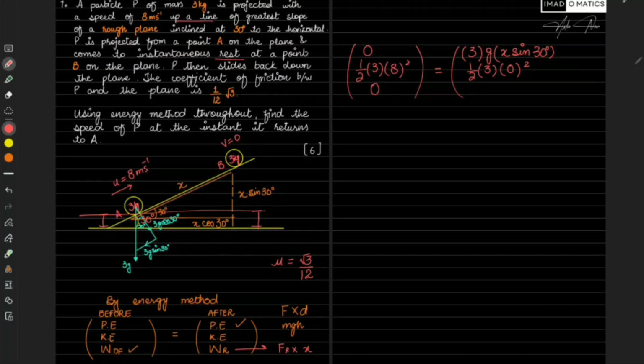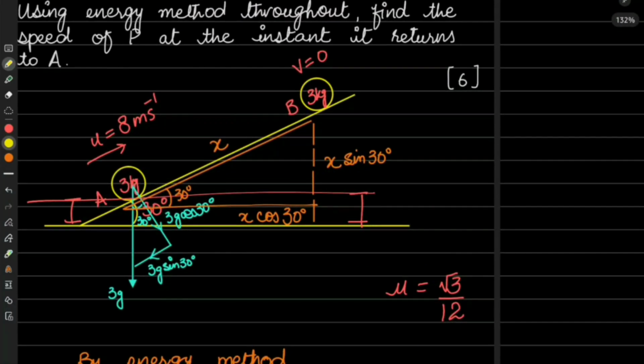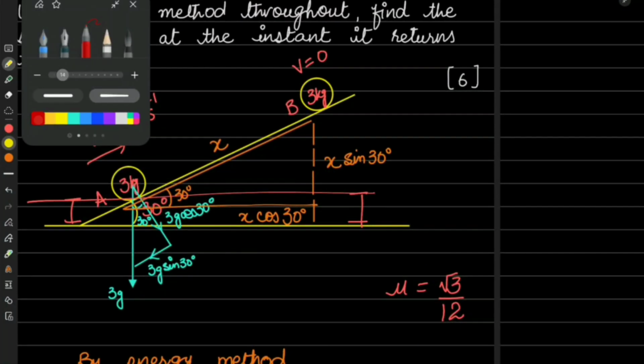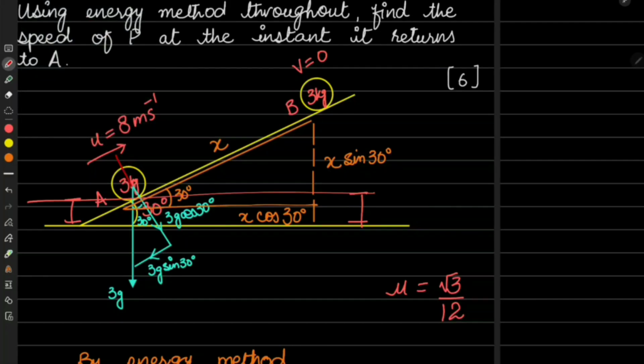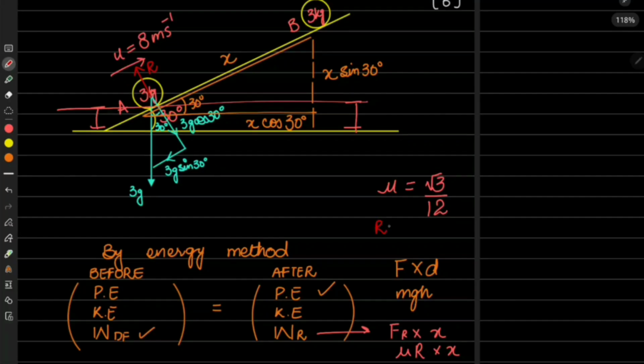What is the resistive force? Mu R times x. What is R? That's a good question here. If we take R as upwards, this is your R. So your R comes out to be R equals 3g cos 30.